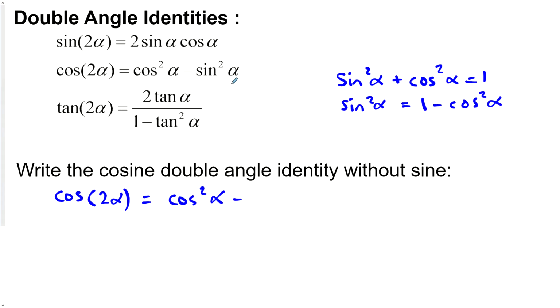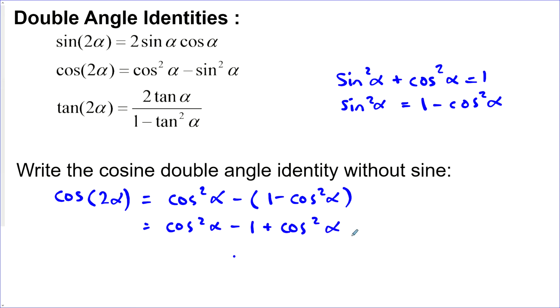And I can sub out the sine squared alpha with 1 minus cos squared alpha. This is now cos squared alpha minus 1 plus cos squared alpha, which means I've got 2 cos squared alpha minus 1. And that's a new cos double angle identity.